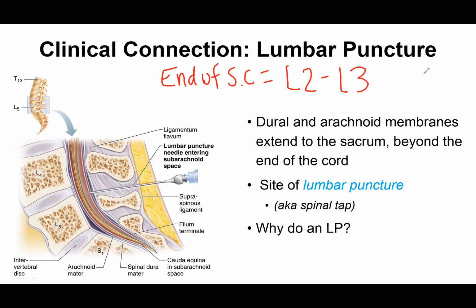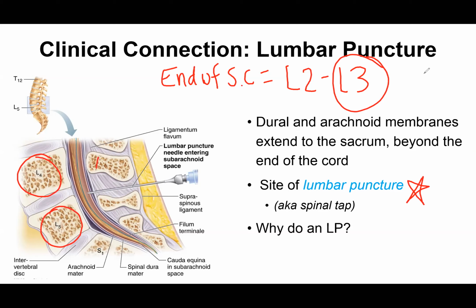And so for this reason, basically anywhere below L3 and before the sacrum is where we're going to perform, if necessary, what's called a lumbar puncture. Sometimes the lumbar puncture is also called a spinal tap. And usually a lumbar puncture occurs between the L4 and L5 vertebra.